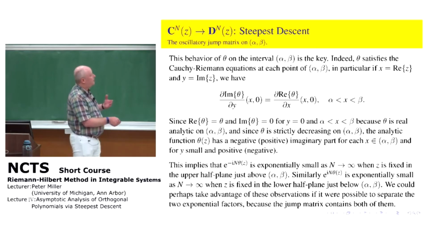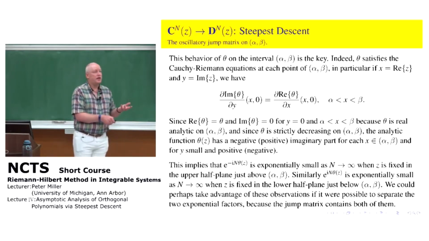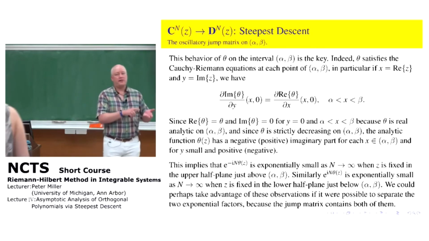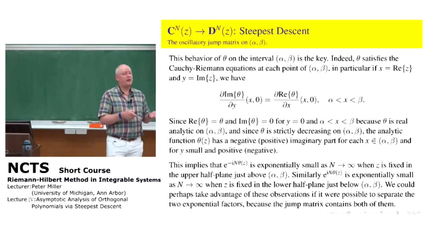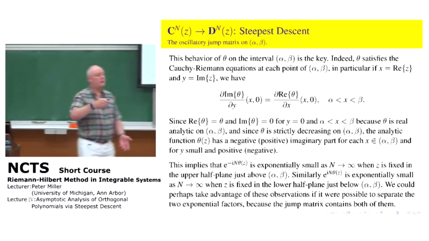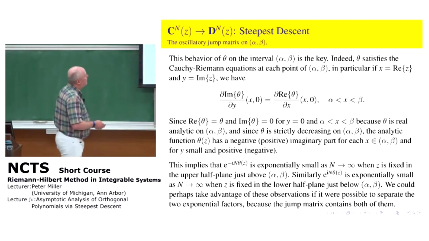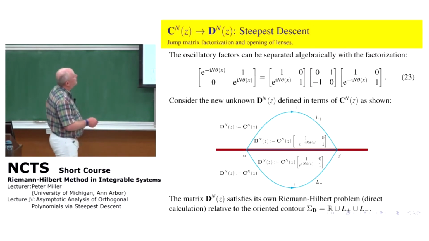So the idea is that maybe we could take advantage of these facts if there were a way to somehow separate those two exponential factors so that one of them could be pushed into the upper half plane and the other one could be pushed into the lower half plane. That's sort of a neat idea. So that's where the steepest descent thing comes in.